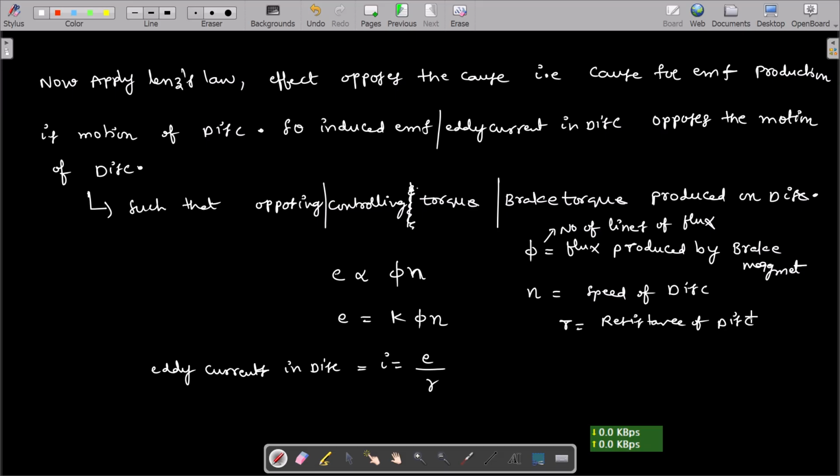Why is impedance not taken here? Because here this is a DC voltage. For DC, the reactance will be 0 because frequency is 0, XL is equal to 2 pi FL, that is 0. The inductance will act as a short circuit.